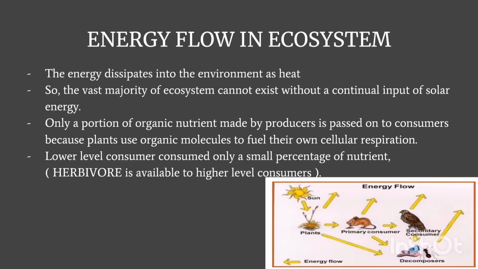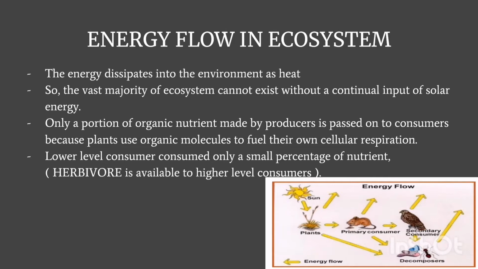So in this energy flow in the ecosystem, eventually the energy dissipates into the environment as heat. Therefore, the vast majority of ecosystems cannot exist without a continual input of solar energy.